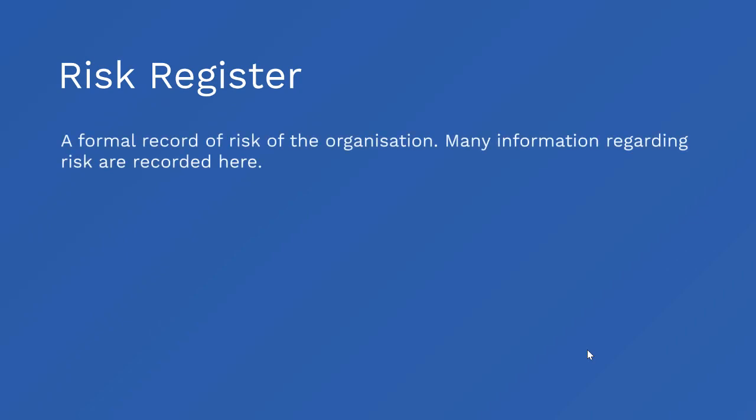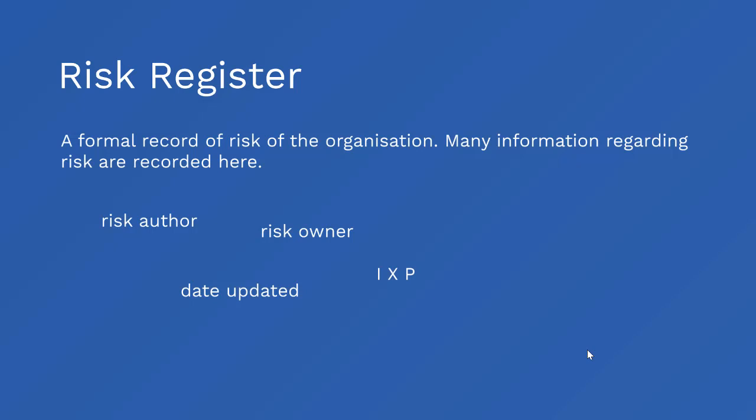That's a formal record of the risk, and much information is recorded here, like who is the risk author, the person who detected the risk, who is the risk owner, the person in charge of this risk, and when the risk was last updated, because that may show whether your risk register is still relevant or not.